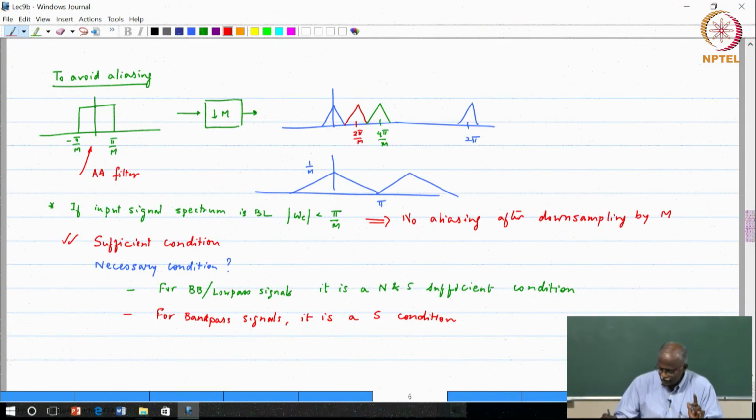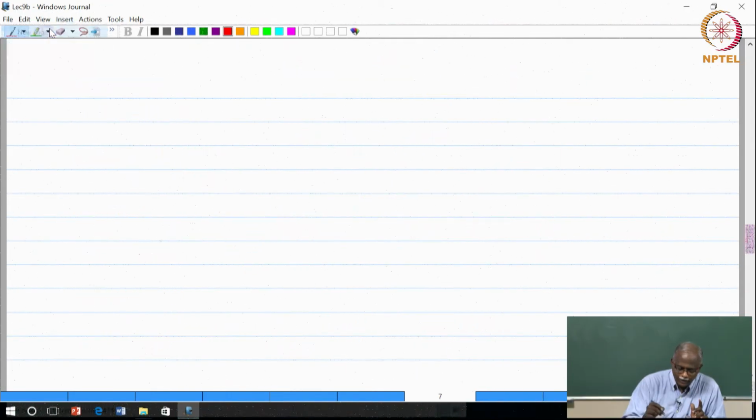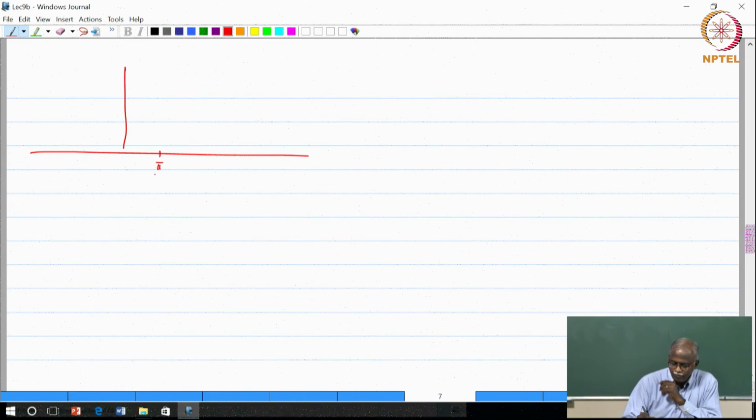Maybe another way of visualizing it is as follows. Look at just the frequency axis. On the frequency axis, here I have pi over M, 2 pi over M, and so on.